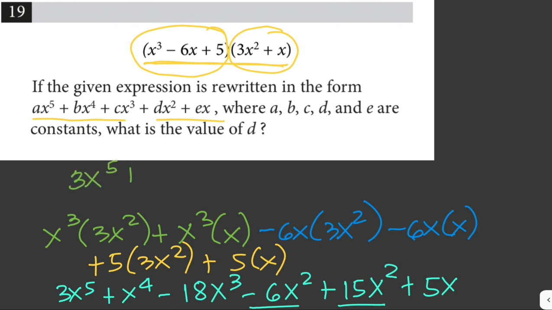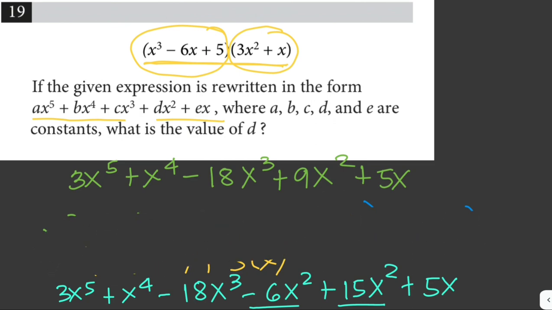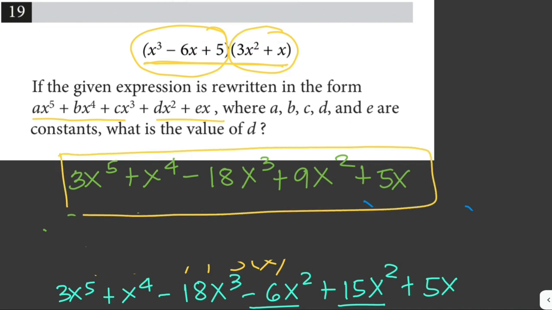3x to the fifth plus x to the fourth minus 18x cubed. Negative 6x squared plus 15x squared is 9x squared plus 5x. So this is now our equation.